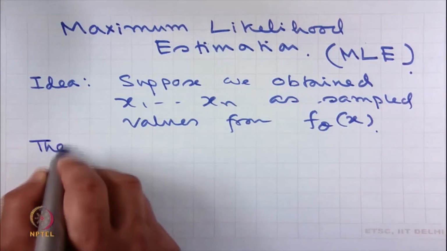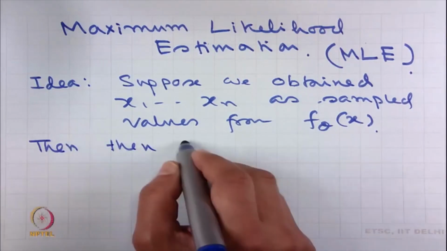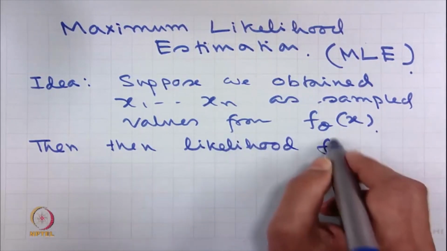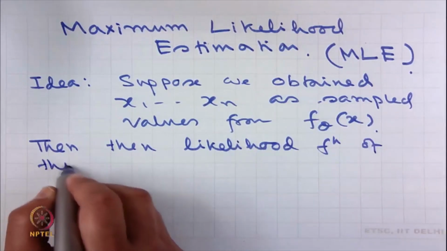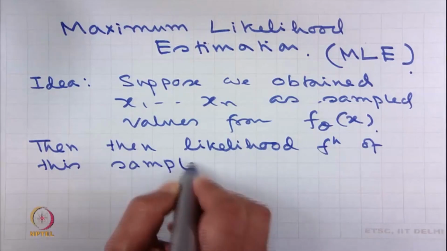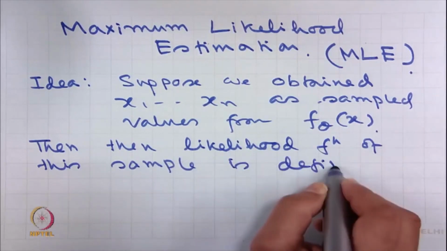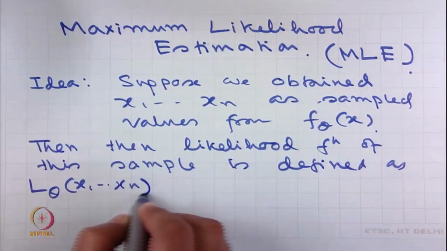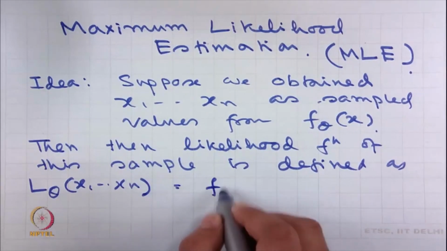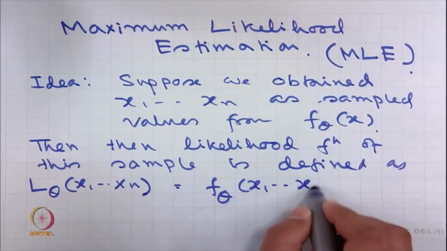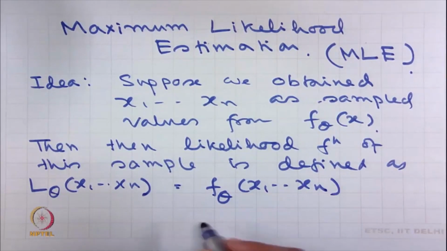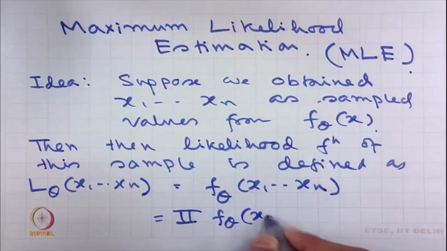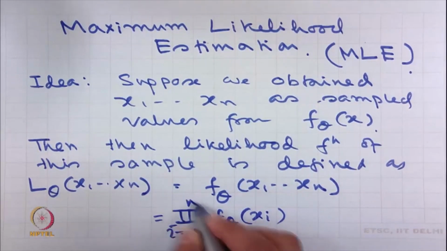Then the likelihood function of this sample is defined as L theta of x1, x2, xn is equal to the joint density of x1, x2, xn, and if the samples are independent, it is product of f theta of xi, i is equal to 1 to n.